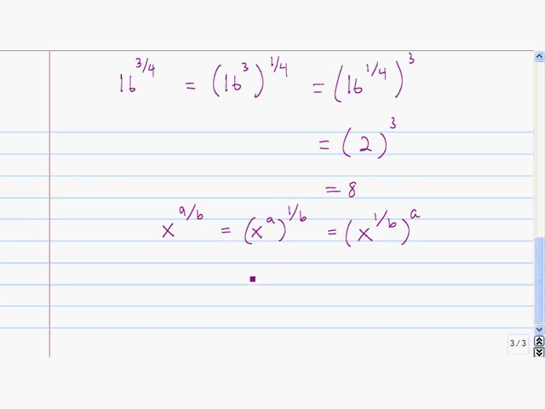So this is really x to the a times 1 over b, and a times 1 over b is really like a over 1 times 1 over b. A over 1 times 1 over b is just a over b. Similarly, this is x to the 1 over b times a, because we multiply these two exponents, and 1 over b times a is a over b.